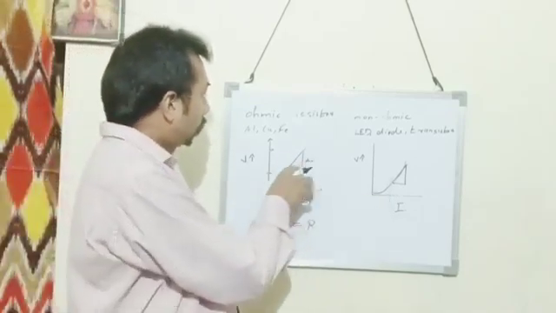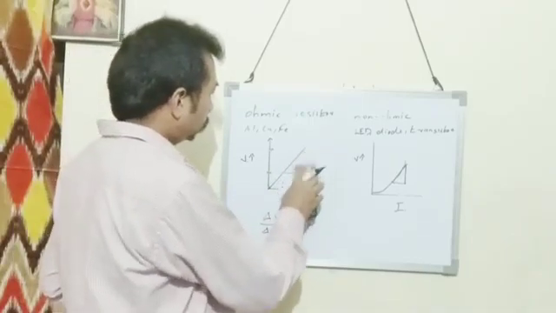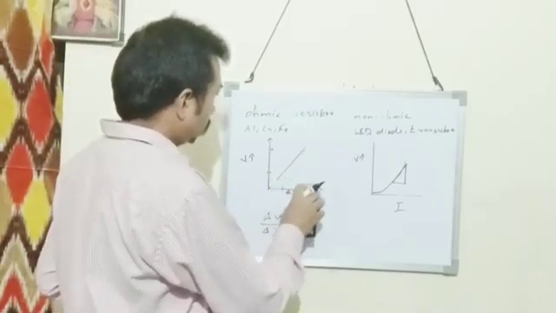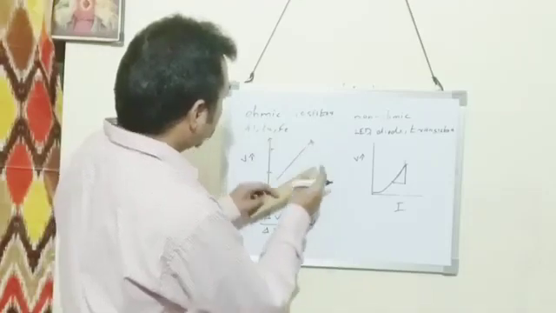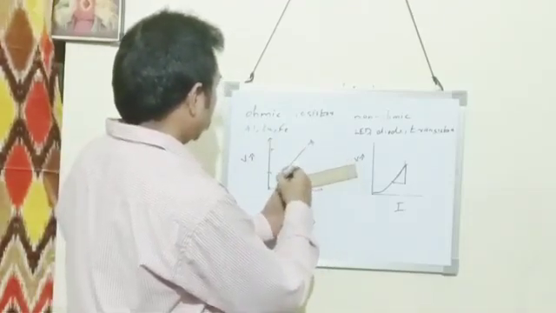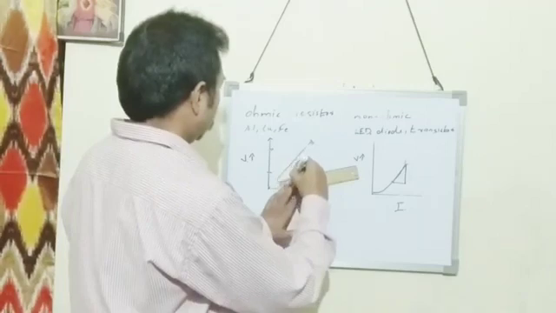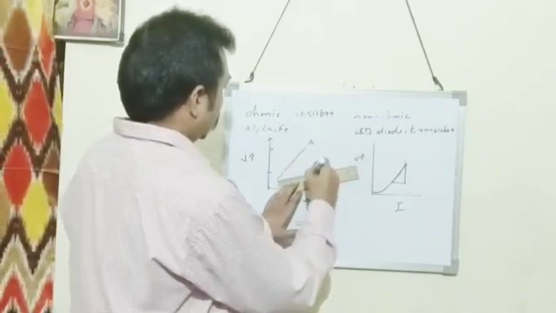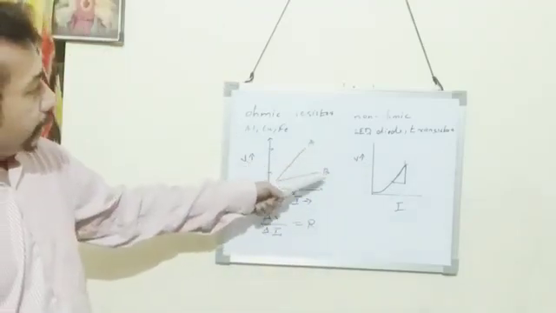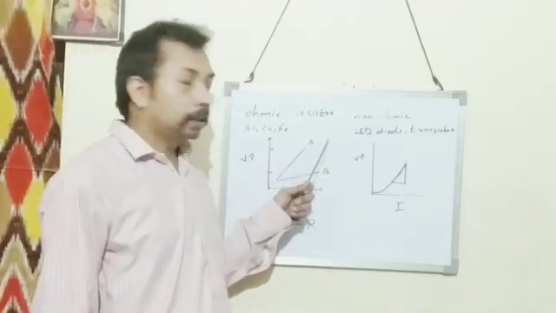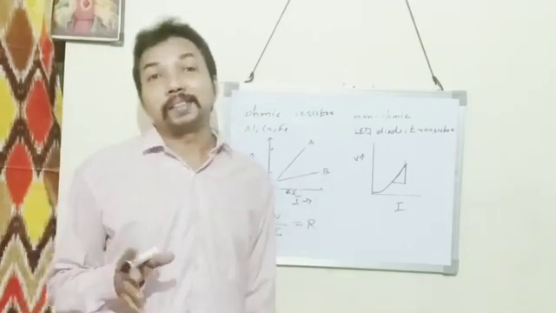Here I have drawn two graphs, for conductor A and conductor B. Out of A and B, which one has more resistance and why?